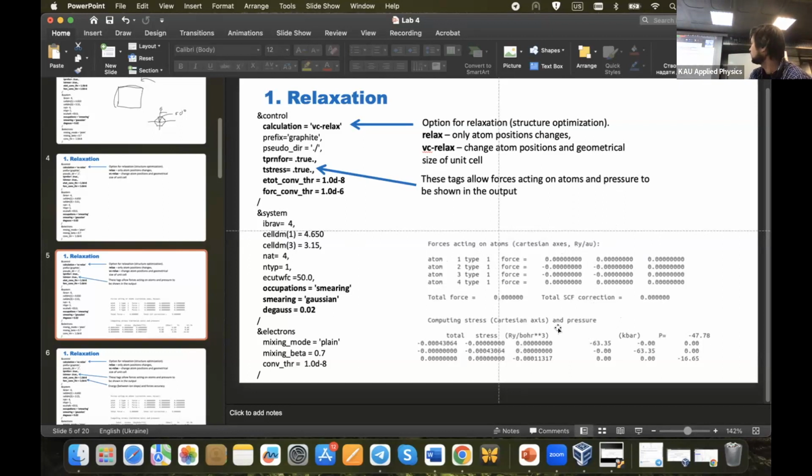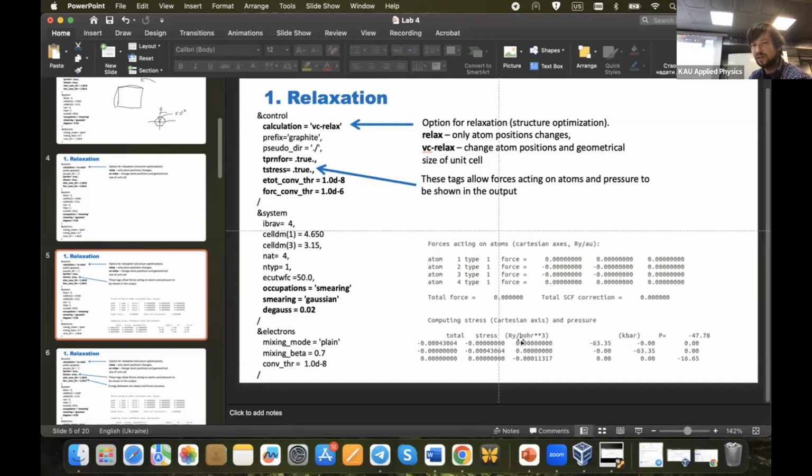You see kilobars. You see this total stress on the cell. Here is a vector for the first lattice vector, for the second and for the third lattice vector. So here we see how the stress acts on each coordinate of our unit cell vectors.